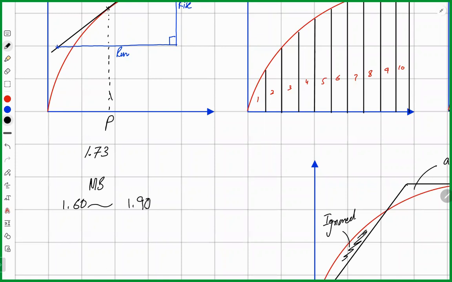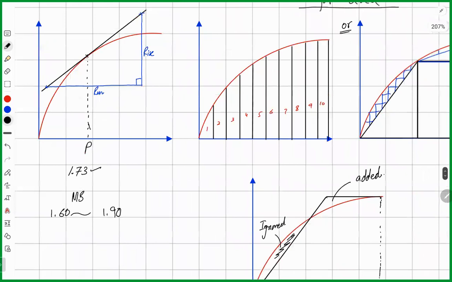Any number between 1.60 to 1.90 is acceptable. So if I get an answer somewhere in between 1.60 and 1.90, then my calculation is right. And this is why the examiner asks you to estimate. There is always a factor of doubt when we estimate things.